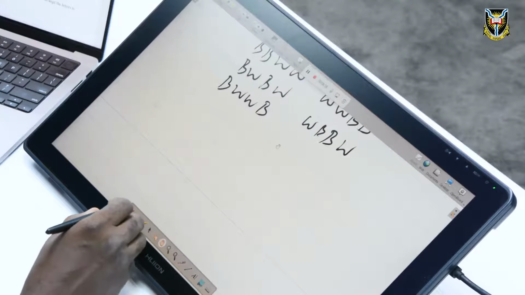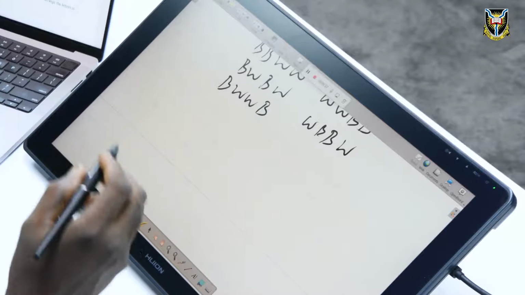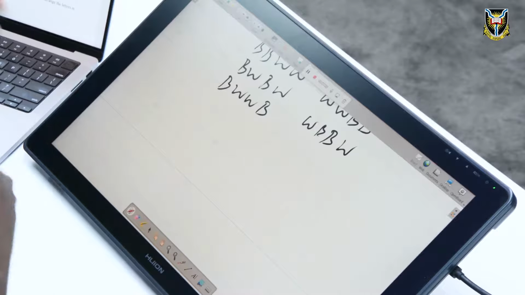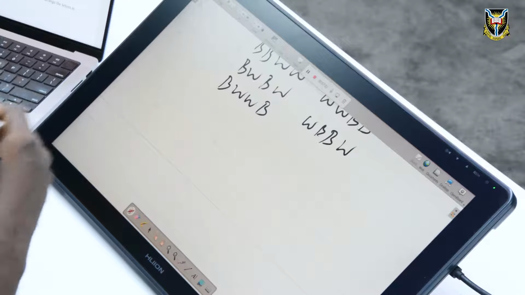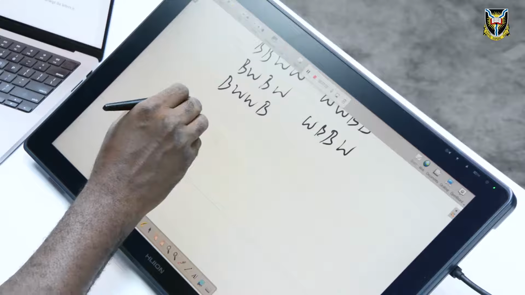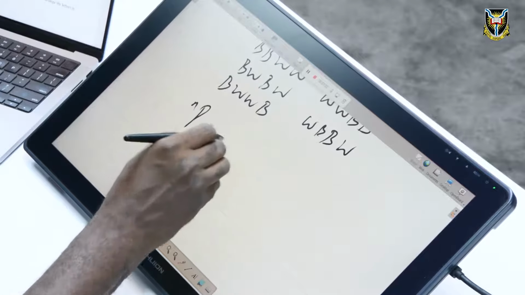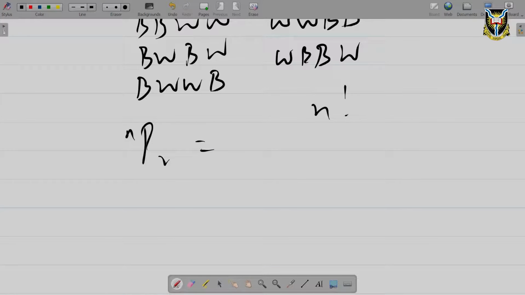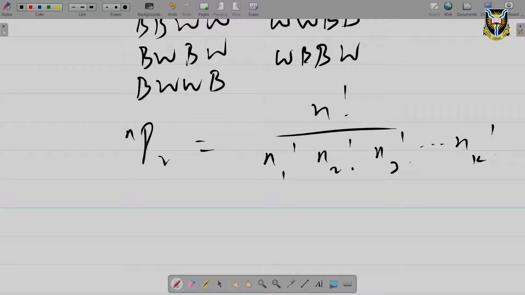Now, if we have arrangements or observations or letters that have different letters repeating themselves, the proper way of obtaining our combination here is by computing n factorial divided by n1 factorial, n2 factorial, n3 factorial up to nk factorial, where n1, n2, n3 up to nk are the total number of letters that are repeated in such arrangements.